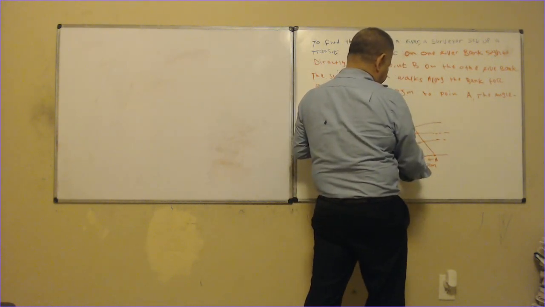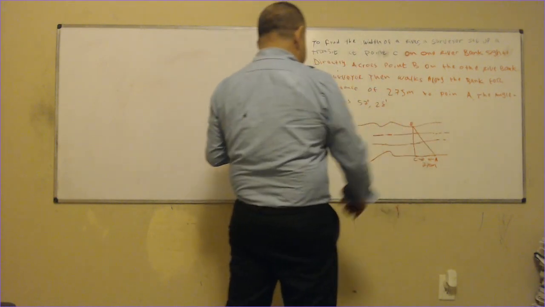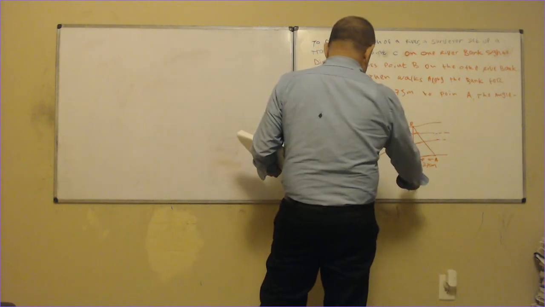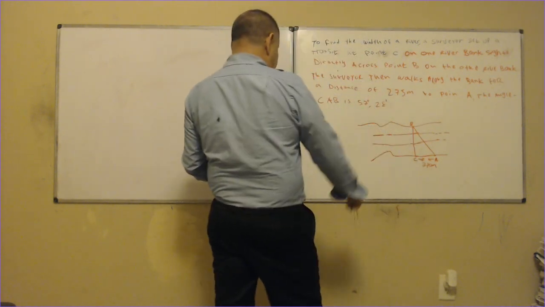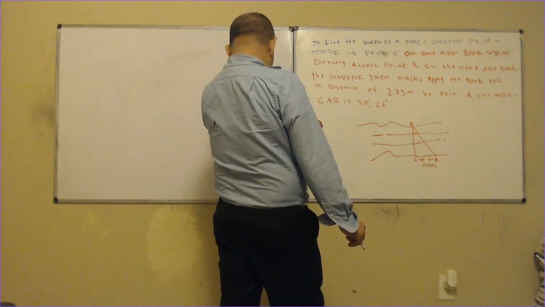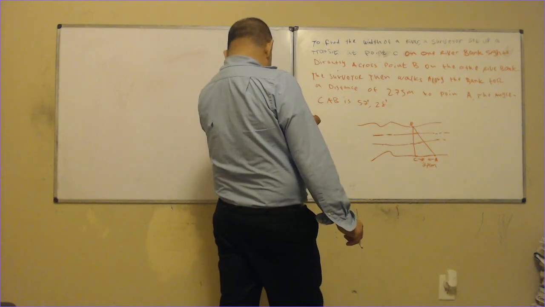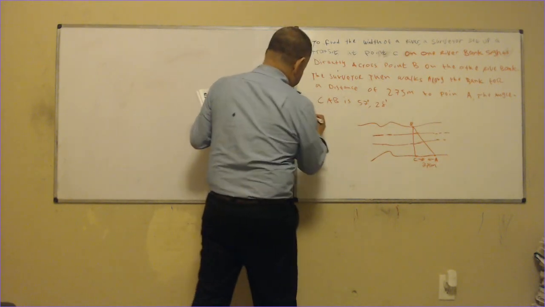We don't know this distance, but this is the one that we try to find. So the question at the end of the day is, estimate the width of the river.